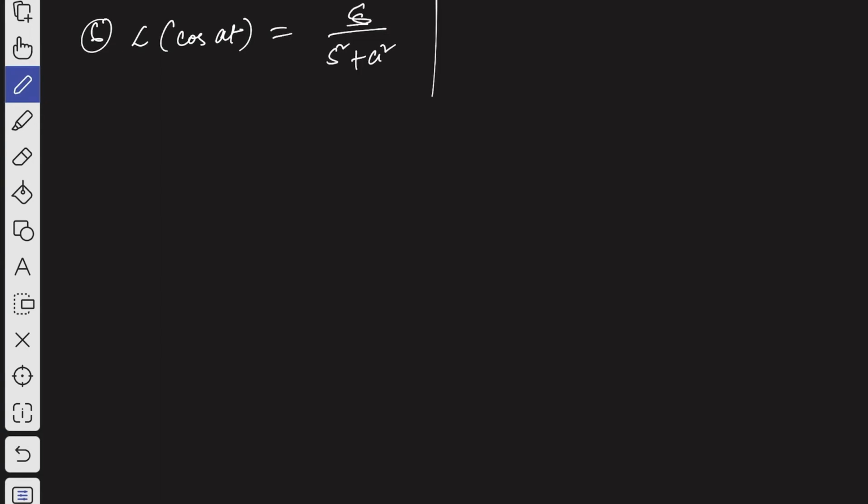So remember one more thing. If you know this formula, you can remember one more thing, that seventh, Laplace transformation of sine at. It's very simple.